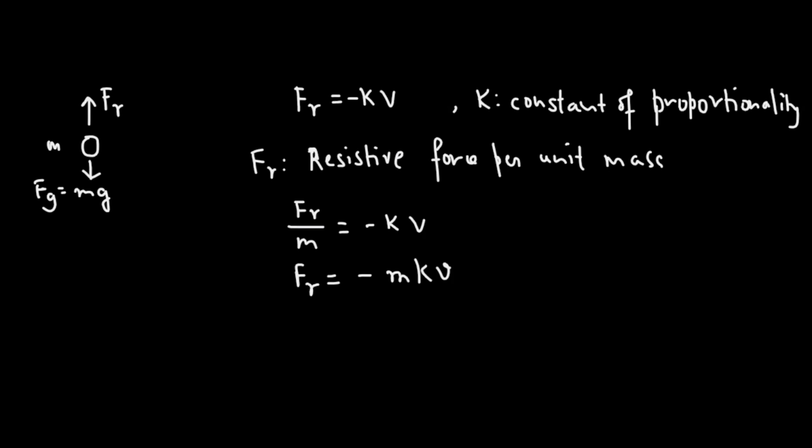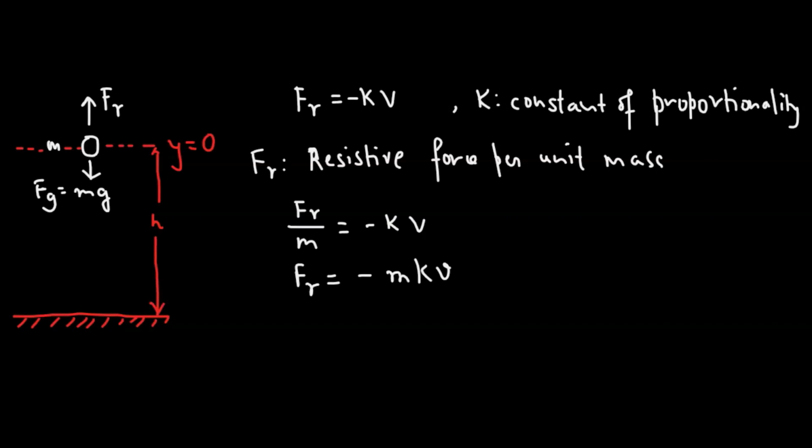Now we're going to write down the equation of motion. For that, we have to set up this particular problem. Let's say this raindrop starts from this position, y equals 0, and it's going to fall downwards. This is the position of our ground, which is at a height of h.